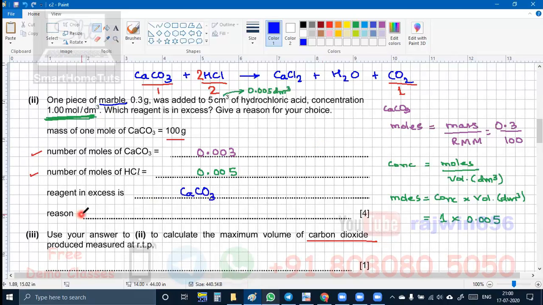So I'm going to write over here 0.003 moles of CaCO3. This is going to be the correct reasoning.